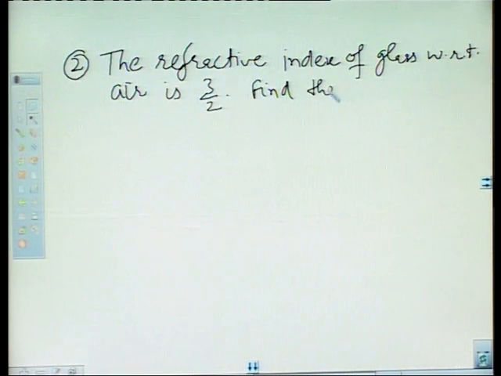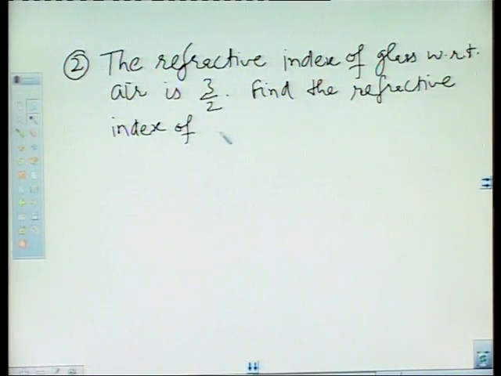Find the refractive index of air with respect to glass.